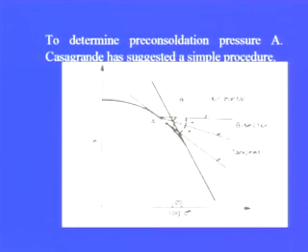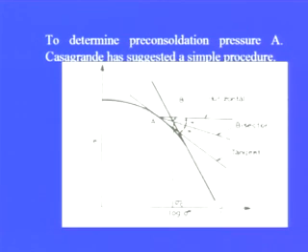Let us say that point is point A. We draw a horizontal line, and a tangent is drawn to this e-log sigma bar curve from point A. After drawing this tangent, we obtain the angle between the horizontal and the tangent. Then we draw an angle bisector of this angle passing through point A. Now, we have this as the angle bisector.